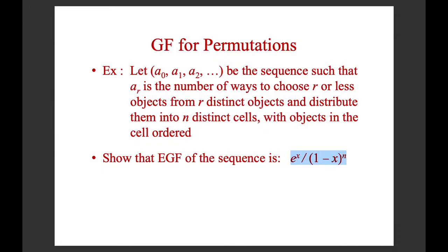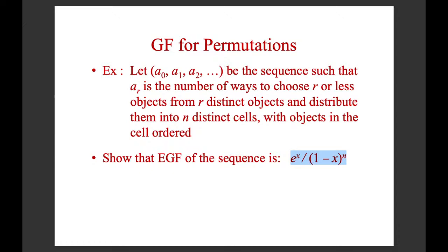But on the other hand, consider the EGF for 1, which represents which items are put into cell 1. Suppose that k items are selected to be in cell 1. Because the arrangement of them matters, there will be k factorial ways when we select k items.